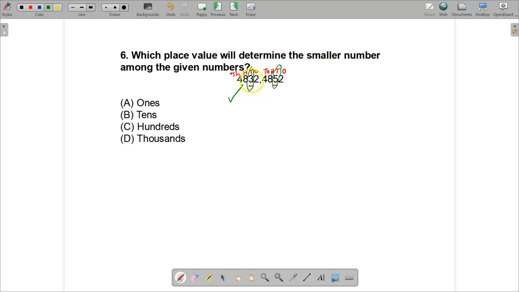Tens position value only. At tens position, here it is 3, here it is 5, so this number is small when compared to this number. So the answer for this question is tens position.